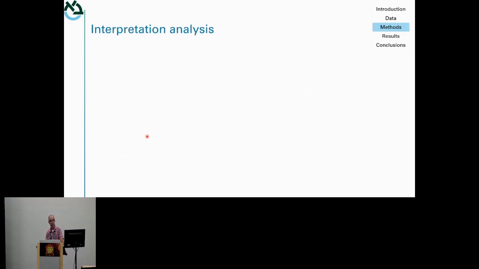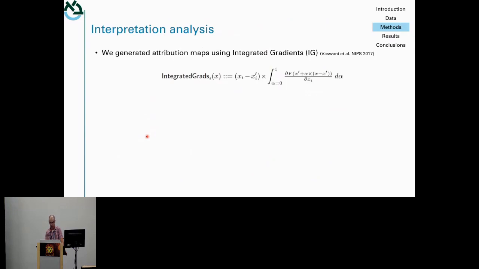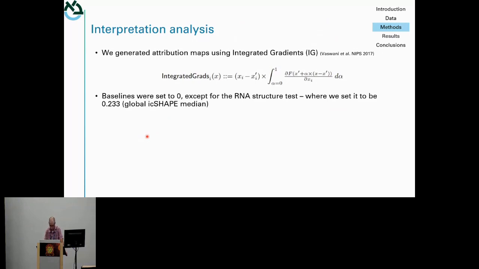Now for the interpretation. We are not just interested in the black box and the prediction performance, but also to learn something about the biology. So we applied integrated gradients, which is a very established and common method in genomics to learn the important nucleotides. We applied it both on the sequence level with a baseline of 0, and on the structure with a baseline that we used was the global icSHAPE median.